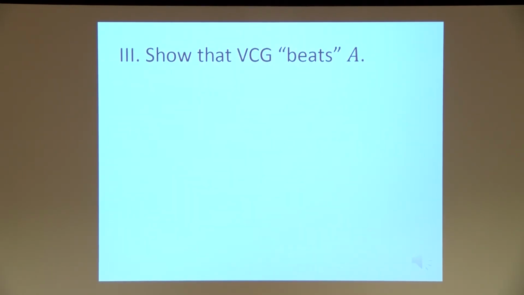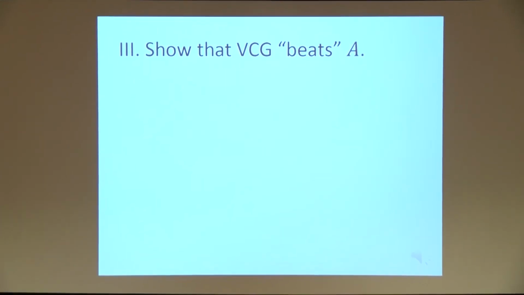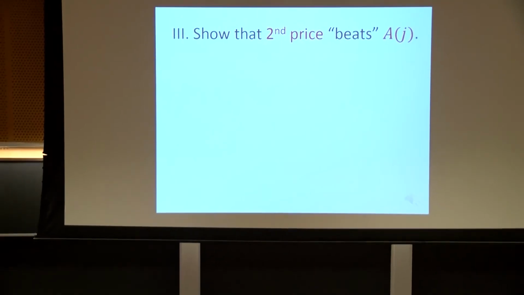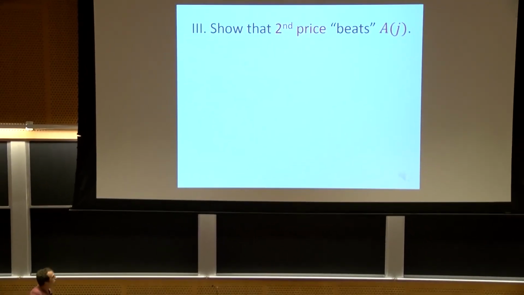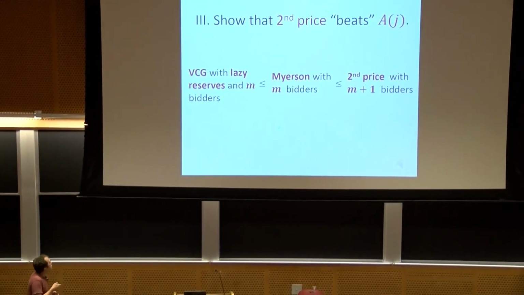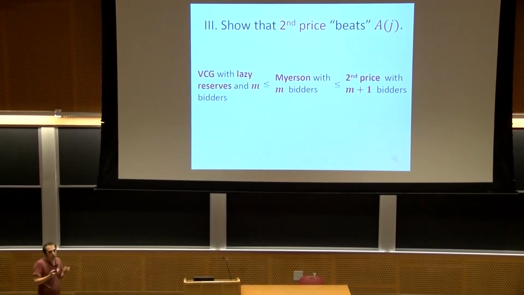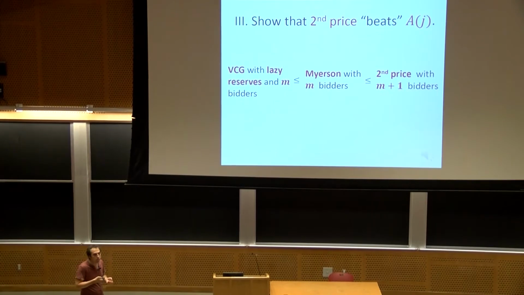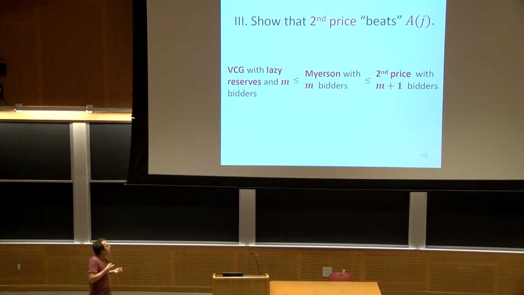And the third step is to show that VCG beats this mechanism, which is actually showing that the second price auction beats this single parameter mechanism for item J. And this is just three simple steps. The first is I showed you some single parameter mechanism. Of course, its revenue is less than the optimal mechanism.